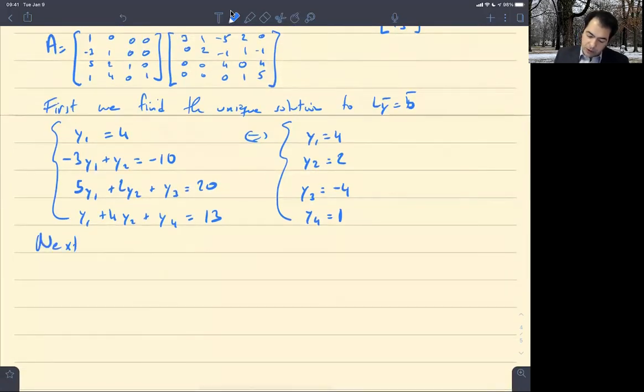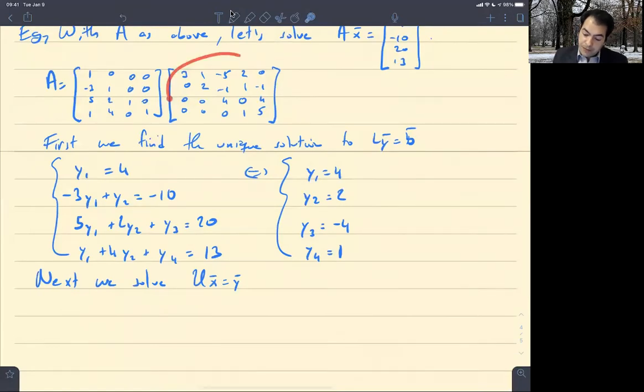Okay, next we solve Ux is equal to y. Now when we're using L, we're guaranteed that there's a unique solution. The ones on the diagonal guarantee that. In the case of U, it's in echelon form, but it's not reduced.